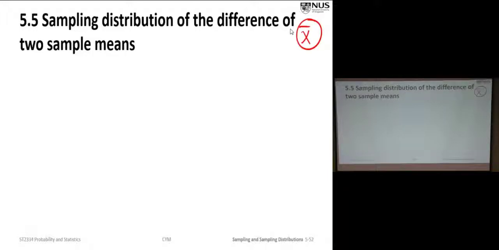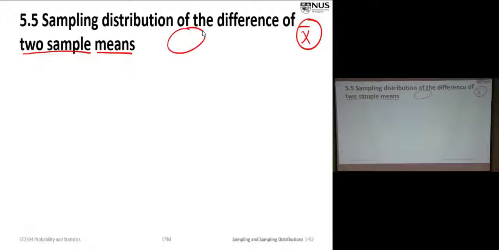So now we move on to talk about the difference between two sample means. This does not mean two values from different samples. Here we're referring to two populations, and from each population you take one sample. So the scenario is like this.